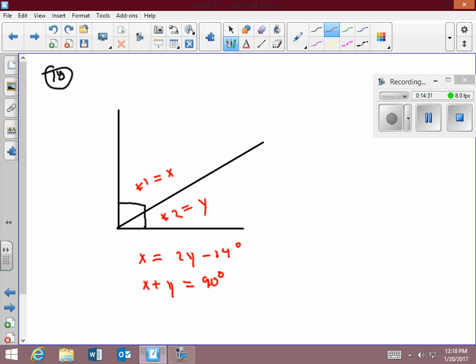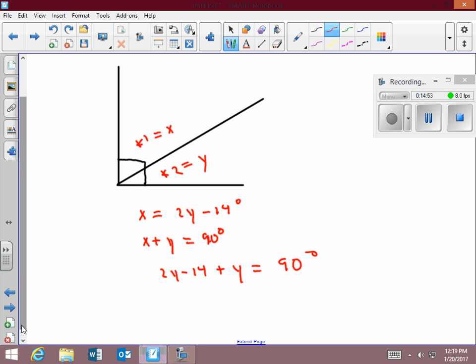Right, comes out the same way, understood. And then you can use the substitution. So then you could just go 2y minus 14 plus y equals 90 degrees. So 3y equals 76.